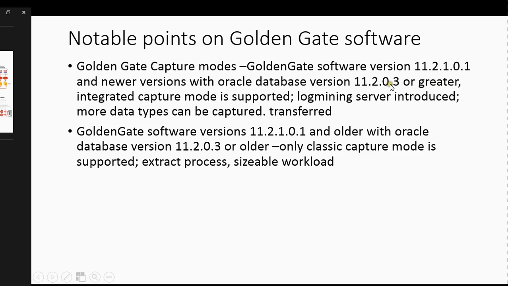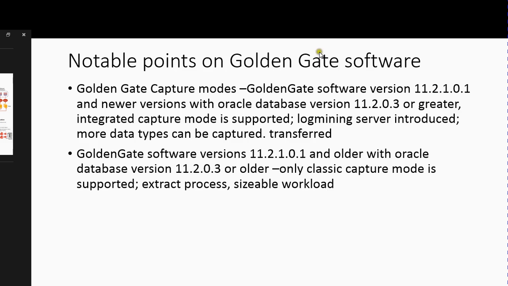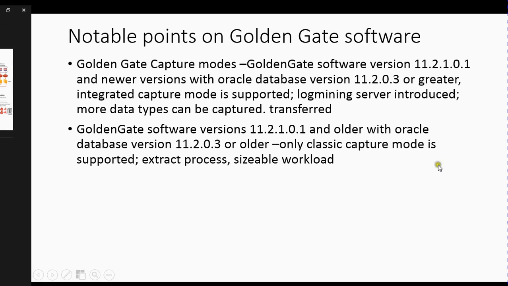This is very important: the most recent version of the GoldenGate software, as well as the most recent version of the Oracle database, is 12c. So you can definitely use different patching or upgrade processes to upgrade your database and your GoldenGate software.